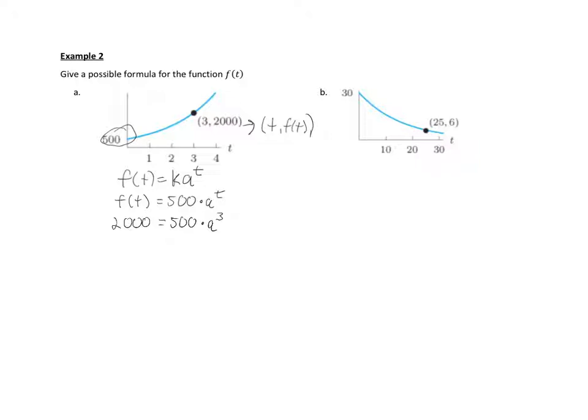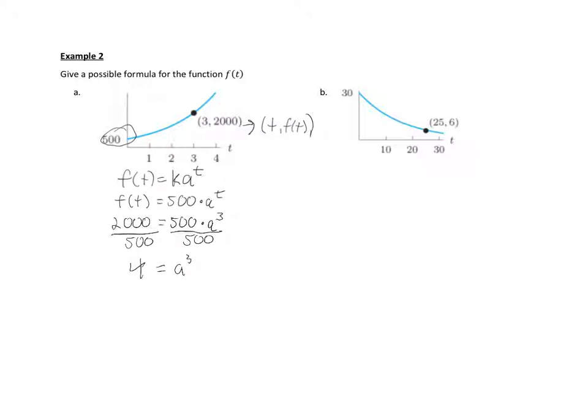And so we want to solve this equation. So we're going to divide by 500. So a cubed equals 4. And so we're looking for some a cubed, or a times a times a, to give us 4.